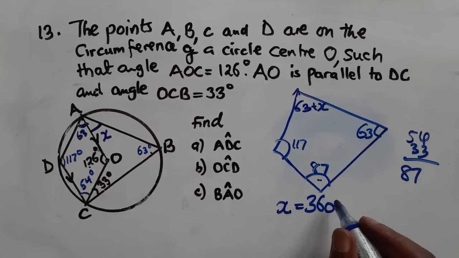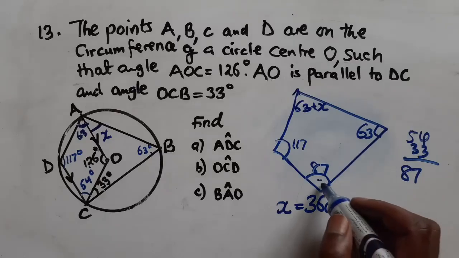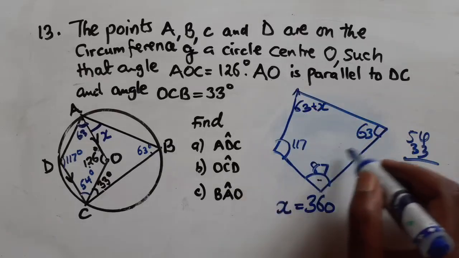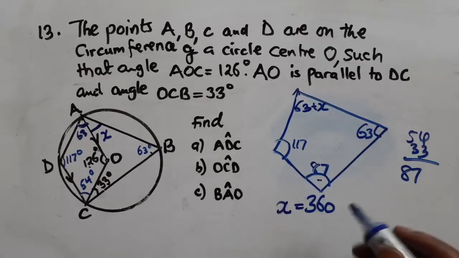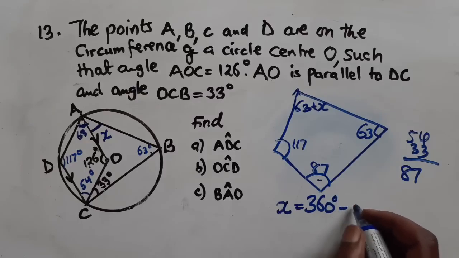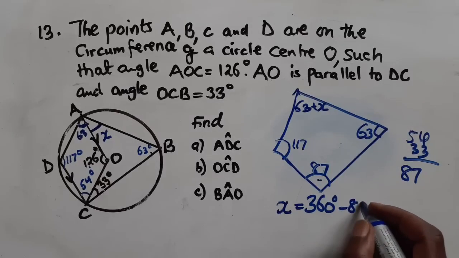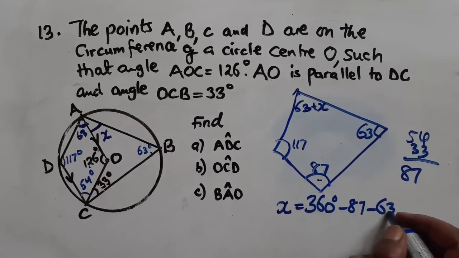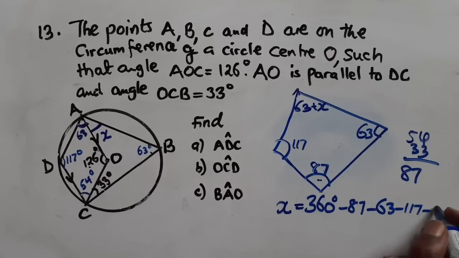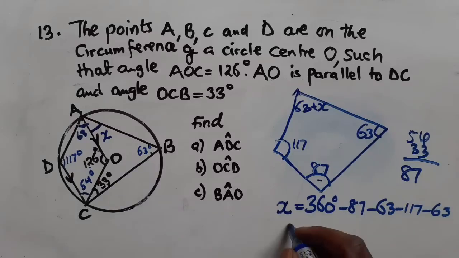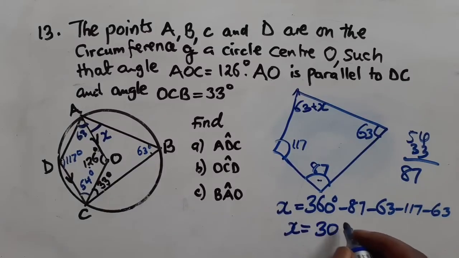Why 360? The four angles in a four-sided polygon, which is a quadrilateral, add up to 360. So we subtract all these angles: minus 63, minus 117, minus another 63. What do we get? This is going to give us 30 degrees. This is one method that we can use.